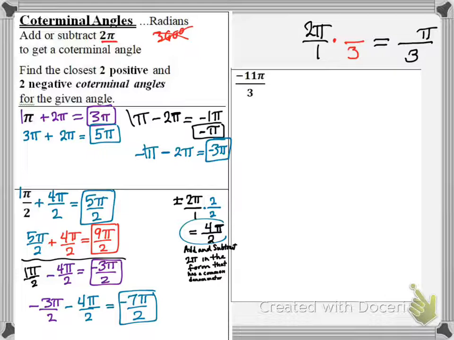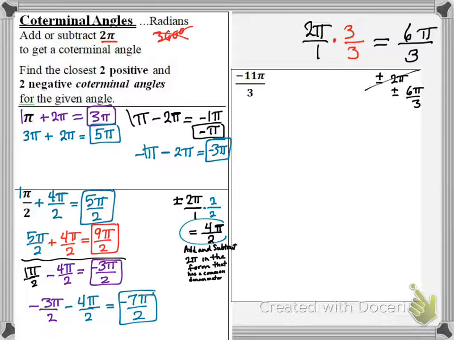And then I need the top to be multiplied by the same thing so that I'm really multiplying by 1, not changing the value, just changing the way it looks. And this becomes 6 pi over 3. So when I say add and subtract 2 pi, I'm actually going to do add and subtract 6 pi over 3. I'm sorry, that is 2 pi. It reduces down to 2 pi. But it's in a format that's going to be easier to work with.